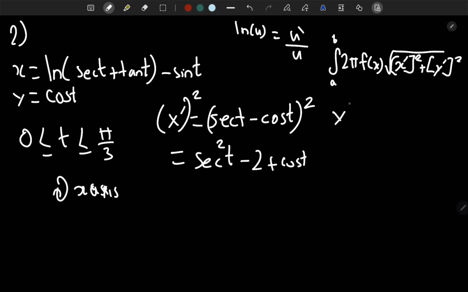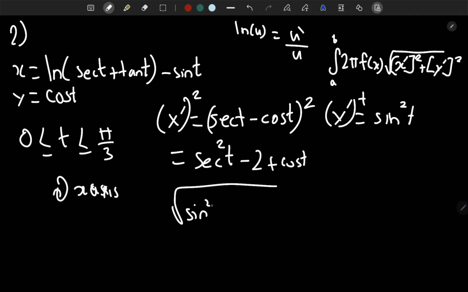Now let's write y prime squared, which was sine squared t. Now let's write the final radical, so it's going to be radical sine squared t plus cosine squared t, oh I forgot the square over here, so cosine squared t plus secant squared t minus 2.